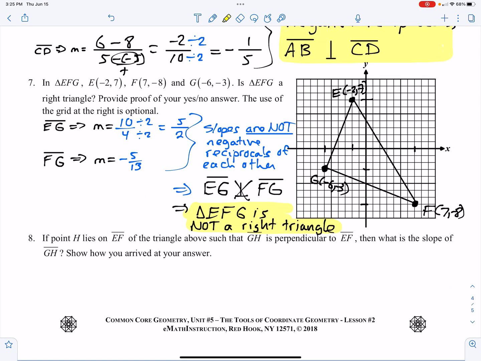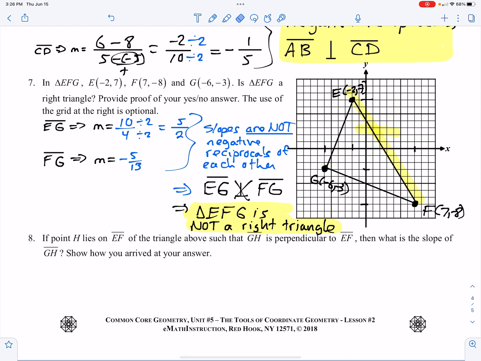Okay, and then number 8. If point H lies on EF, here's segment EF, and point H is somewhere on there, right there. Point H lies on EF of the triangle above such that GH is perpendicular to EF. What is the slope of GH? GH is going to be a line going in that direction.